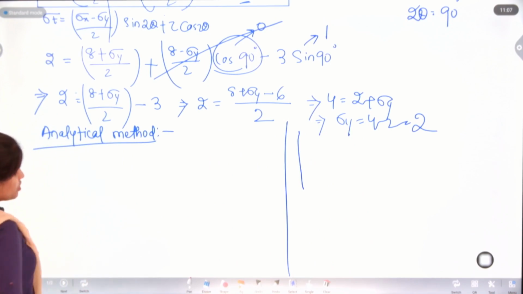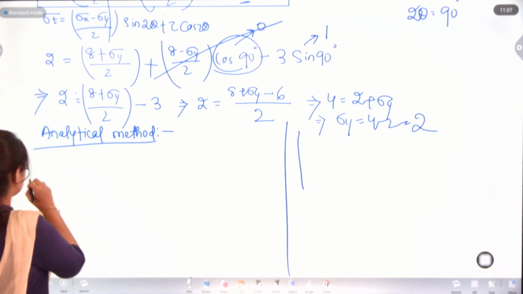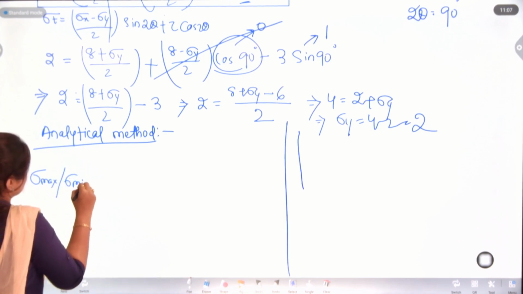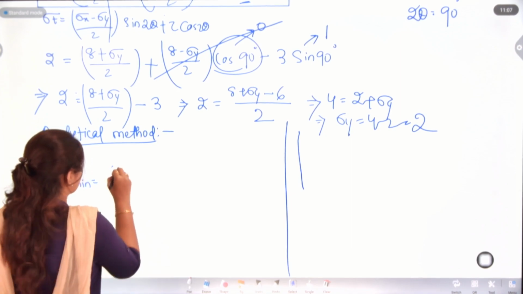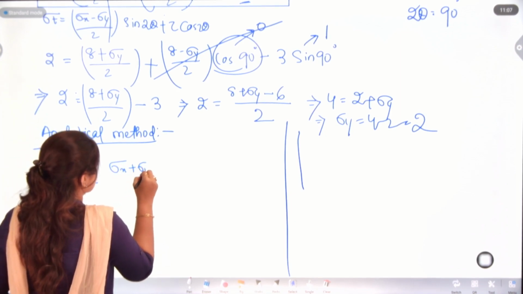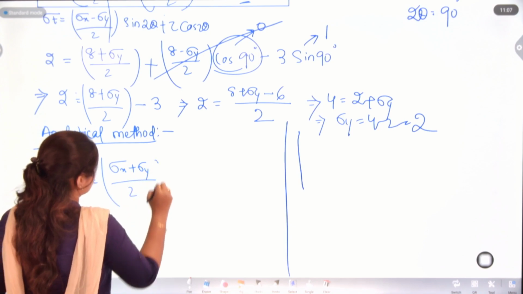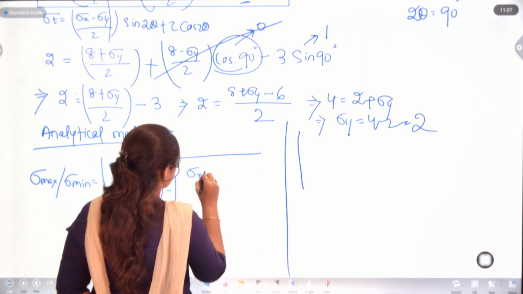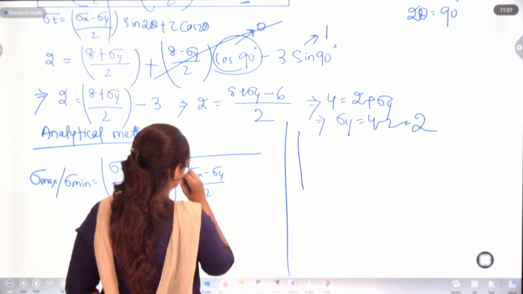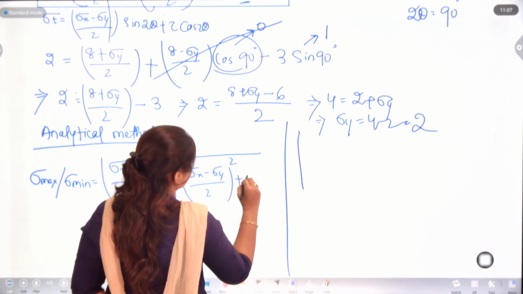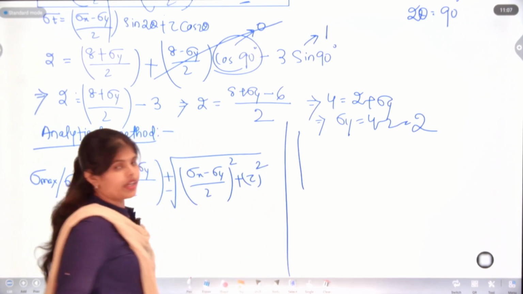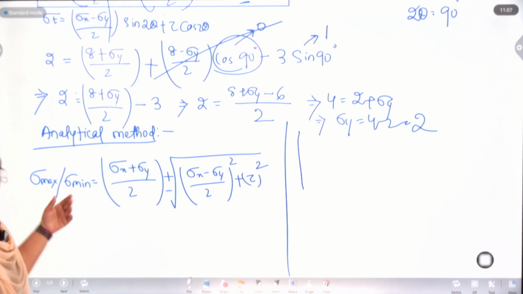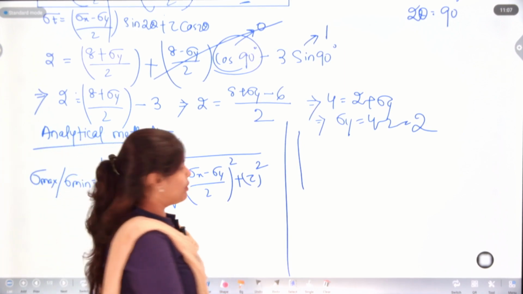To find out sigma major and sigma minor, or you can say sigma maximum and sigma minimum, the formula is sigma x plus sigma y upon 2 plus or minus root over of sigma x minus sigma y by 2 whole square plus tau square. Now if we put in the values, we can find out sigma maximum and sigma minimum.